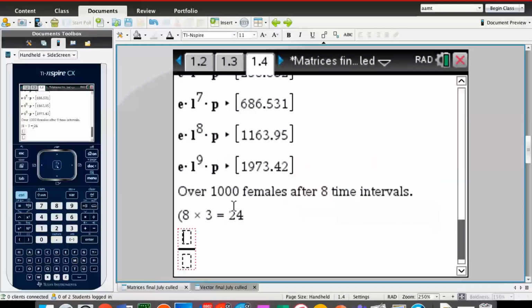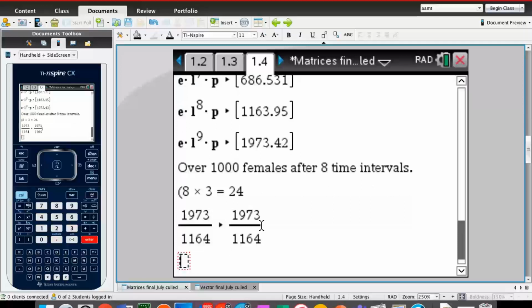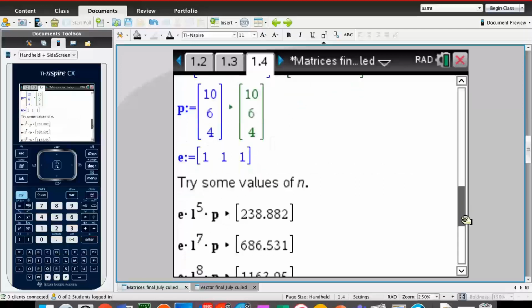And so if I look at, say, the 9th time period of 1,973, I won't worry about the decimal, over the period just before that, 1,163 and 1,164, and hit enter, you can see that that didn't have a decimal in there. Put a decimal in there. You can see that approaches 1.695.